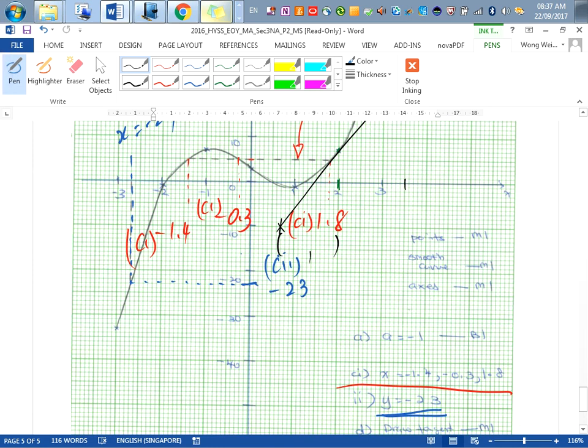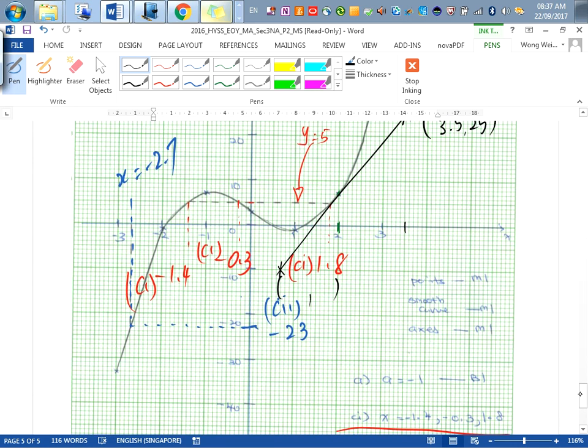C? C part 1, yes? How much do you get? Negative 0.4 and 1.85.